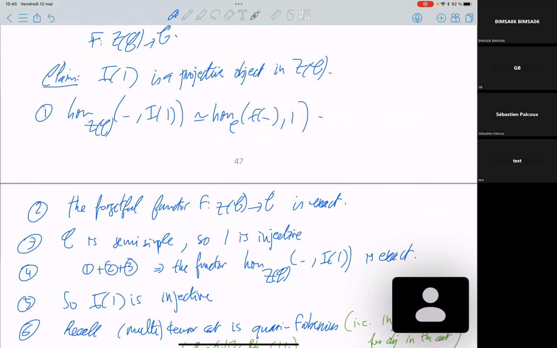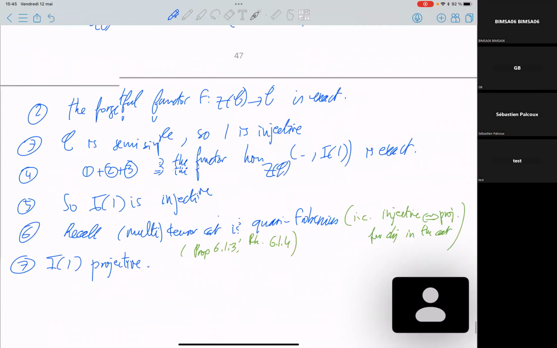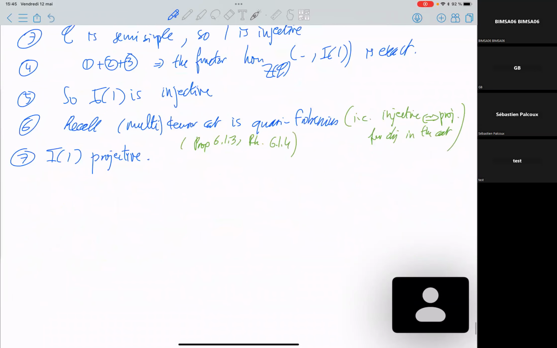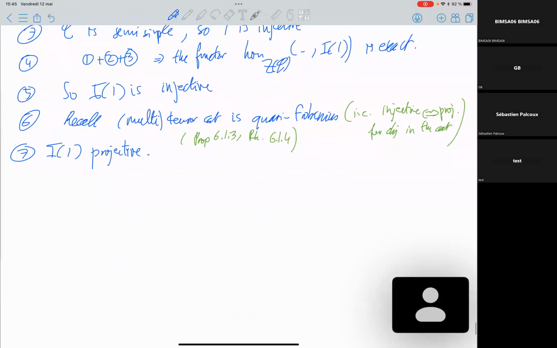I1 is projective. Now we want to consider the trace of the big phi isomorphism.